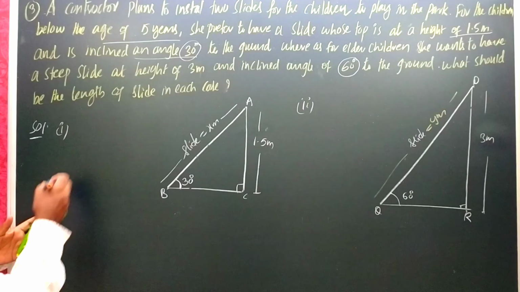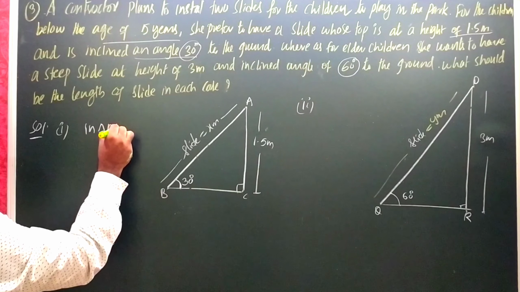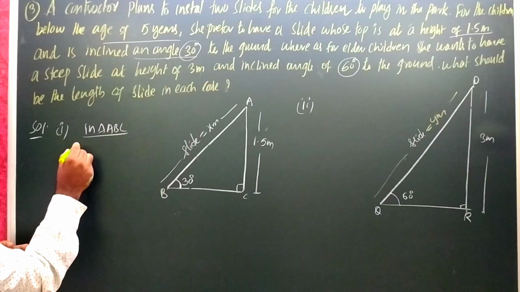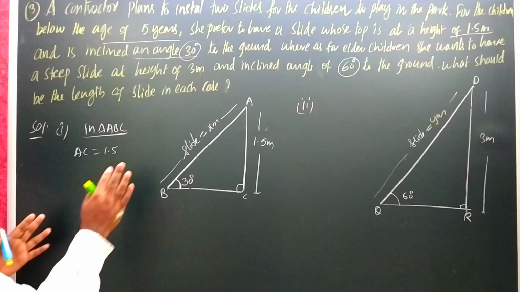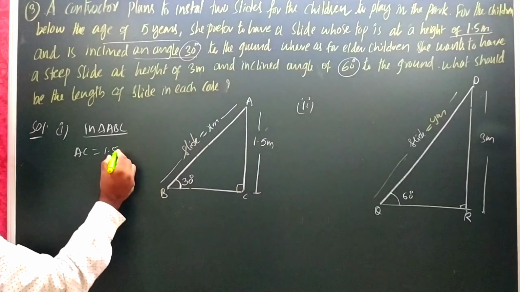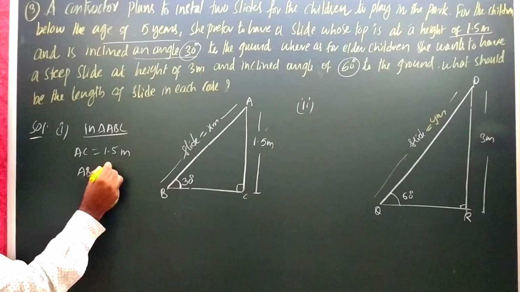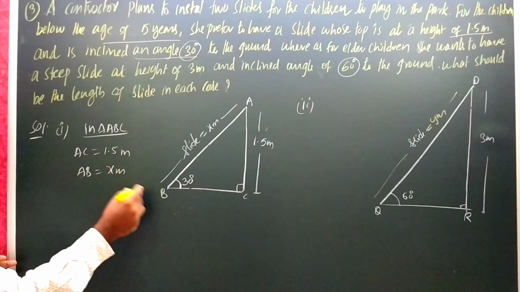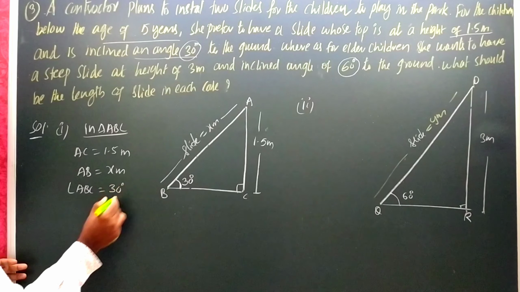So first, in triangle ABC, write the given information. Length of AC is equal to 1.5 meters. Length of AB is equal to x meters. Angle ABC is equal to 30 degrees.